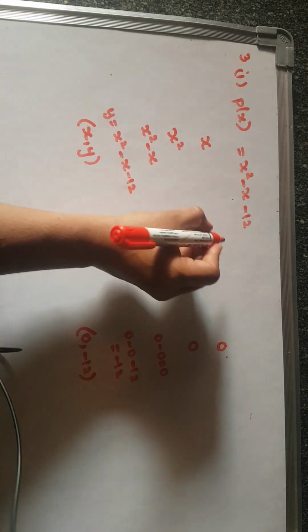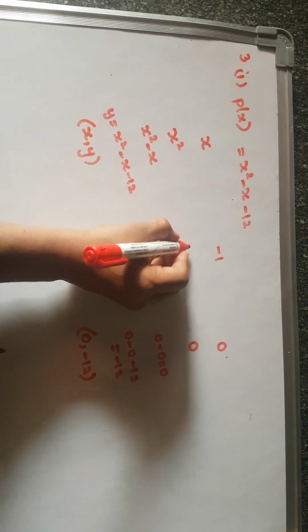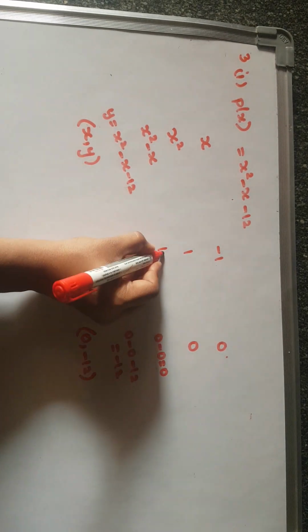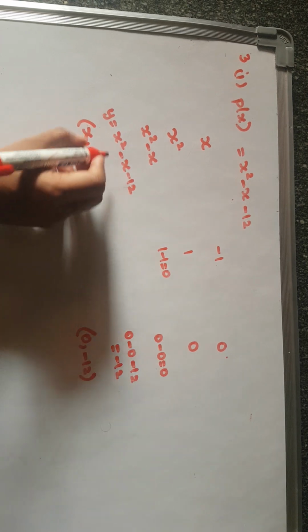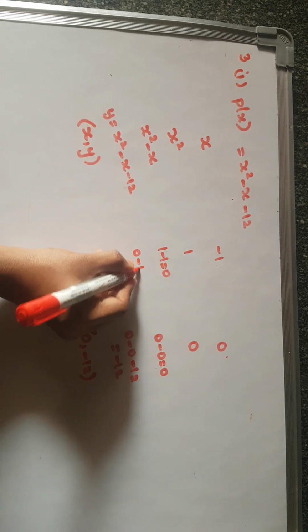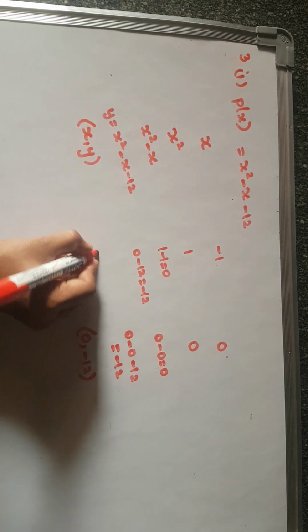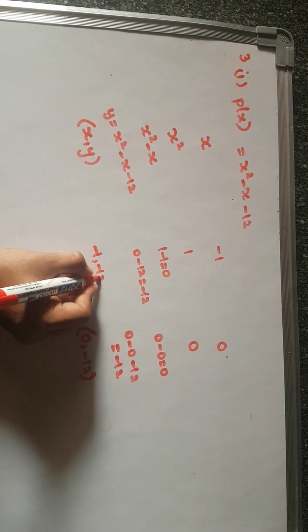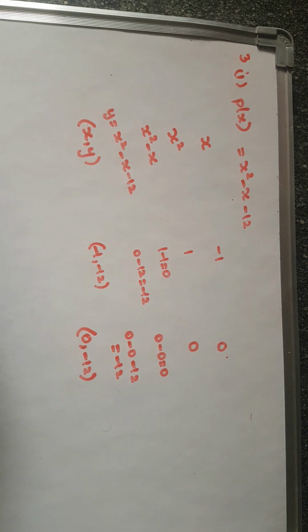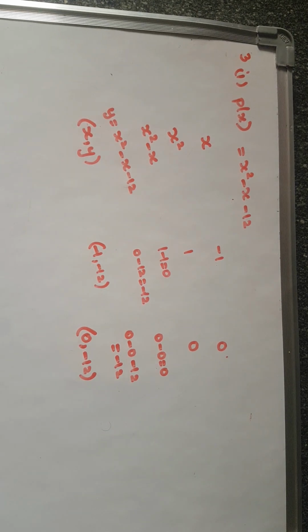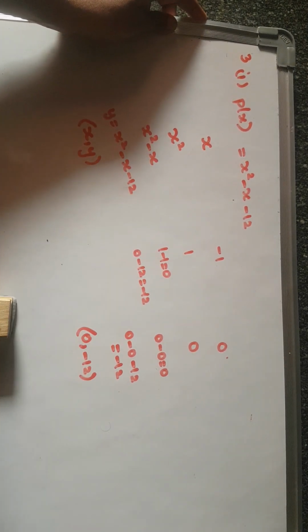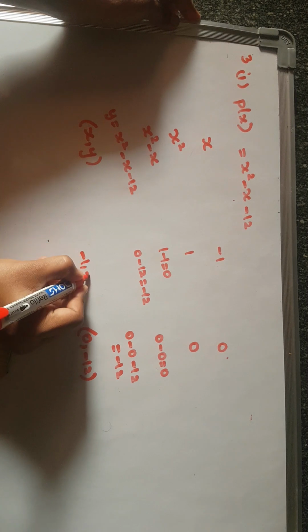Now take minus 1. Minus 1 whole square becomes 1. 1 minus 1, this value becomes 0. Then 0 minus 12 becomes minus 12. So when you take minus 1, this value is also minus 12.